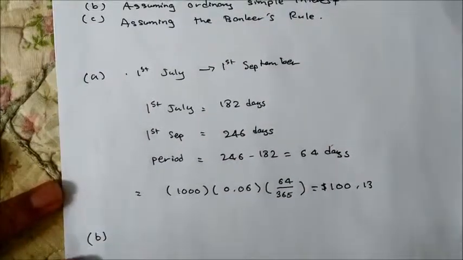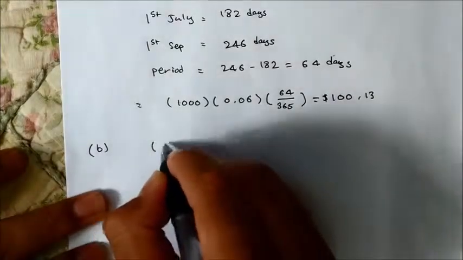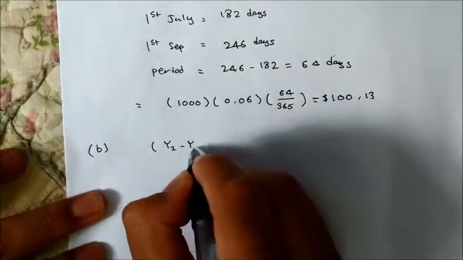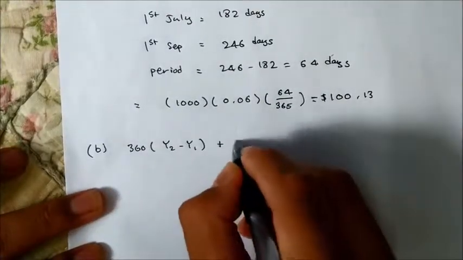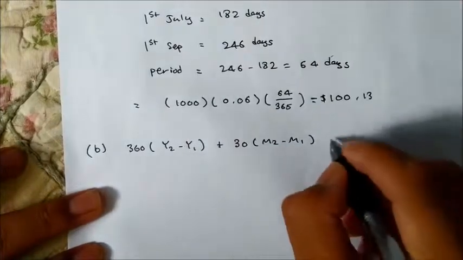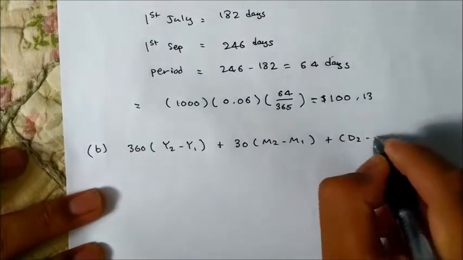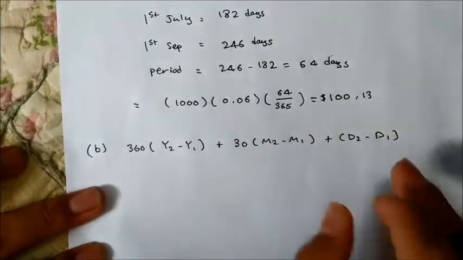ordinary simple interest is the usage of the formula, which is denoted as (y2 minus y1) times 360 plus 30 times (m2 minus m1) plus (d2 minus d1). Alright, what is the meaning of these things?